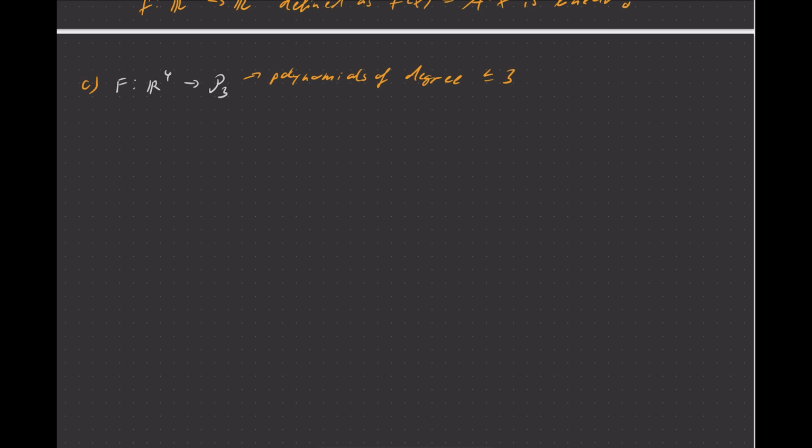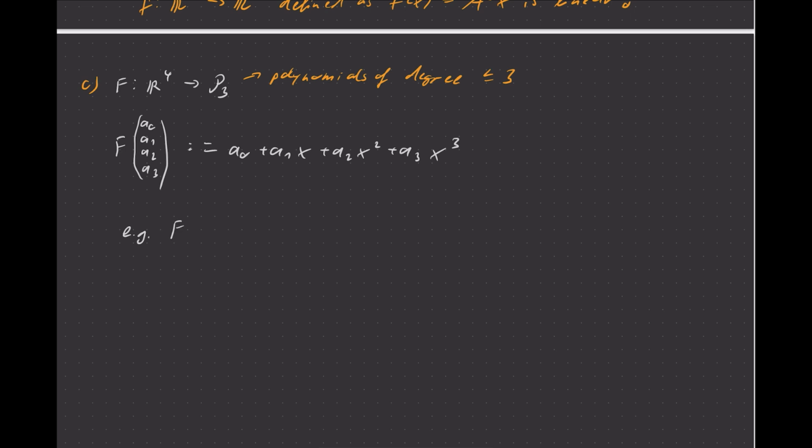And we'll define the function as f of (a0, a1, a2, a3). We'll start the counting at 0 for reasons that will become clear in just a second. So that is a vector in R4. And we'll define that function to be a0 plus a1x plus a2x squared plus a3x to the third.